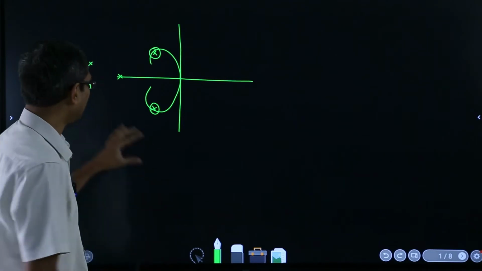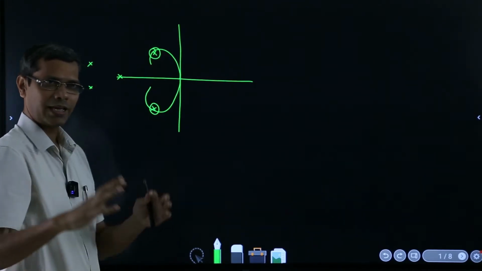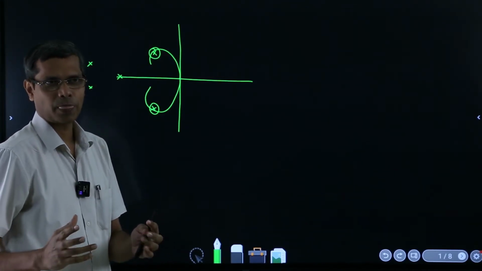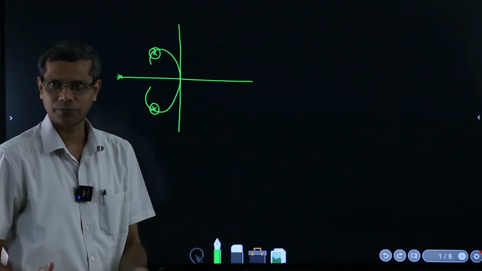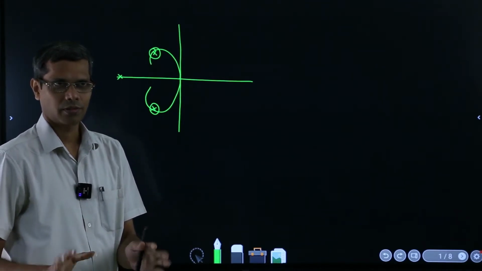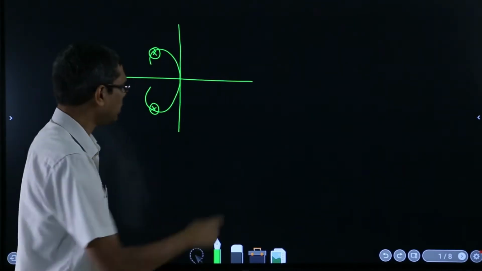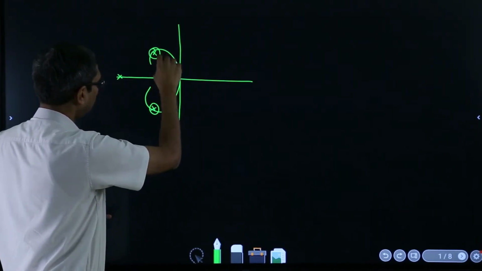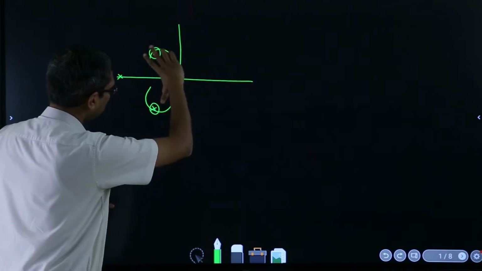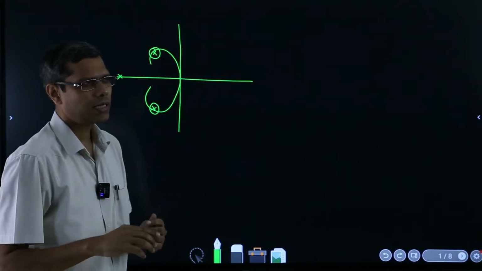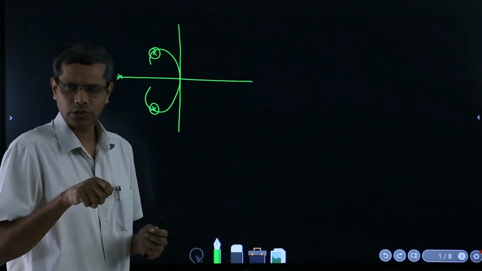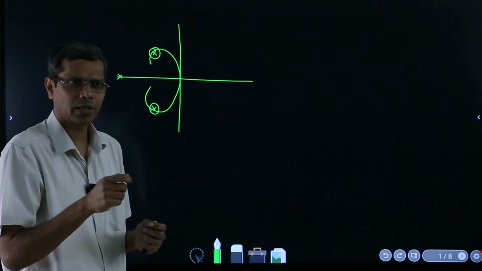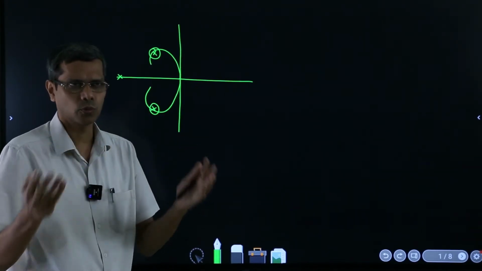This whole bunch as a combination is your system. And the movements of these poles on these paths tell you that if you change the knob of that particular parameter, in what direction they move.